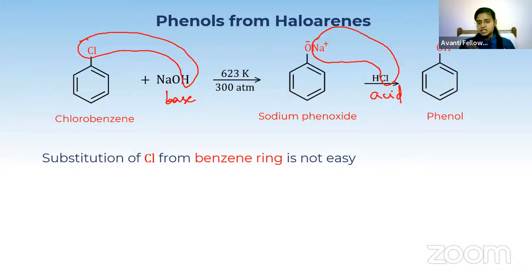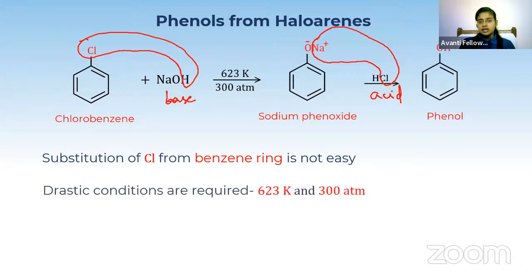And this substitution on the haloarene is not that easy. We have studied the reason for this statement in the previous lesson itself. There were 4 reasons behind this. You can go through the lectures of haloalkanes and haloarenes to get the answers. Substitution of the Cl group by the OH group is difficult, so we have to do this at a very drastic condition, at high temperature and pressure.